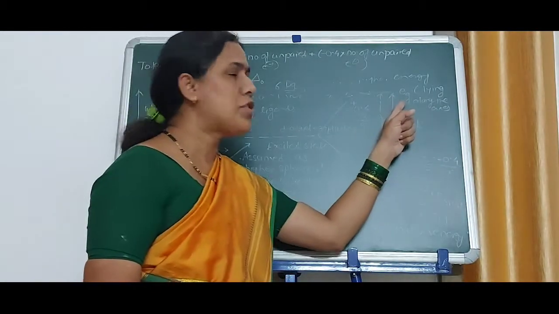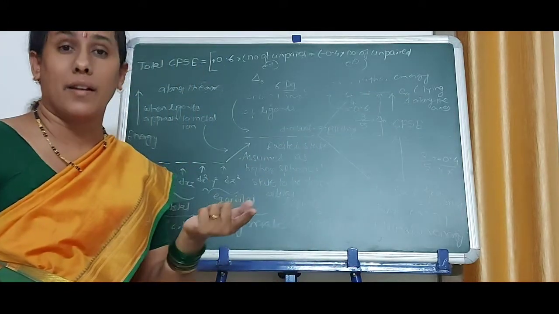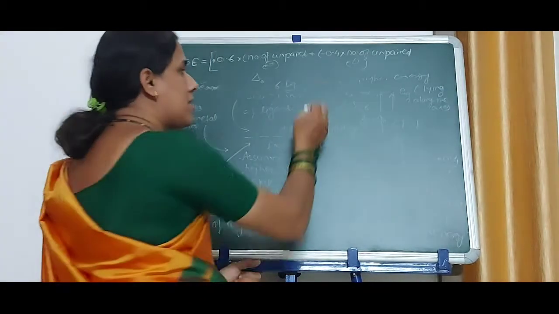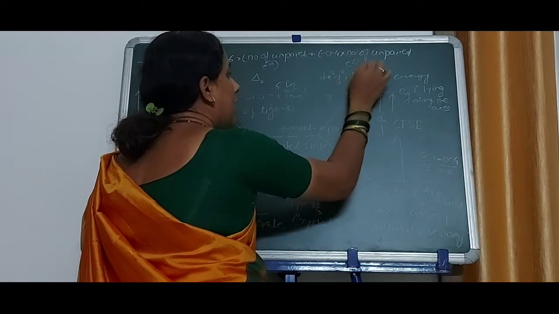Now the question arises: why do eg orbitals occupy the higher energy? Because eg orbitals are nothing but which orbitals? That is dx square minus y square and dz square.